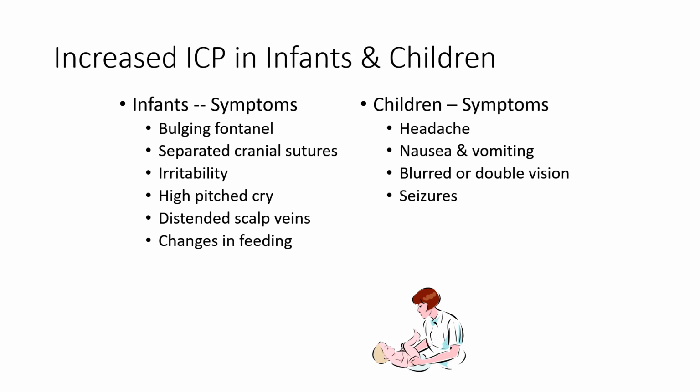They don't eat well, and you may also note distended scalp veins, and these would be signs of increased ICP in infants. Children may have headache, nausea and vomiting, complain about blurred or double vision, and may even go on to have seizures, just like adults.